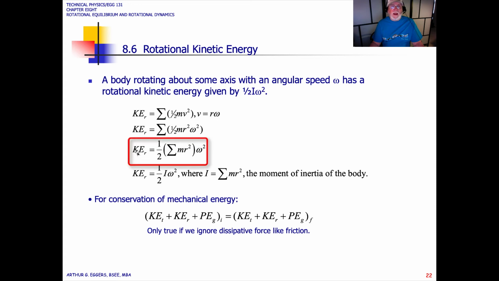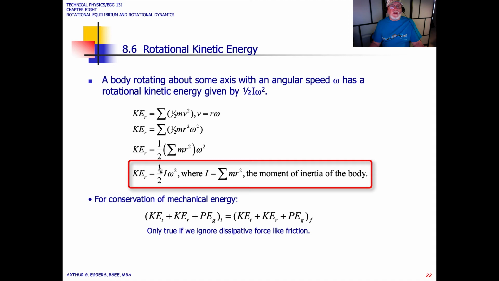Again, we're going to factor out the angular speed, omega squared, so that we can come up with our value of I. So the kinetic energy rotational is equal to 1/2 the summation of all of the masses times the radius squared within a body times omega squared. So kinetic energy rotational then is equal to 1/2, let's make the substitution using I, 1/2 I omega squared, where I is equal to the sum of all of the masses times the radius squared. And we call this then the moment of inertia of the body.